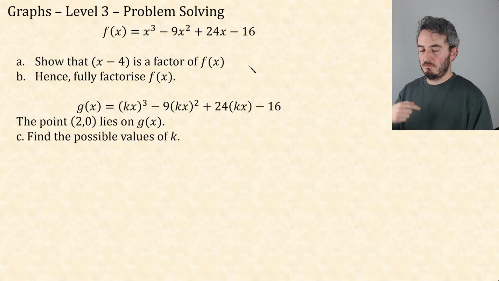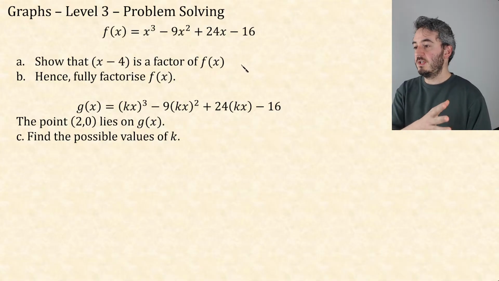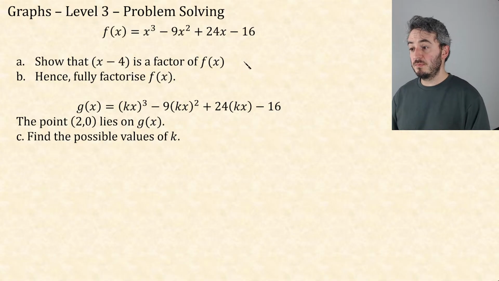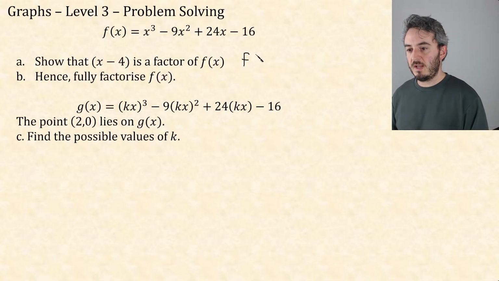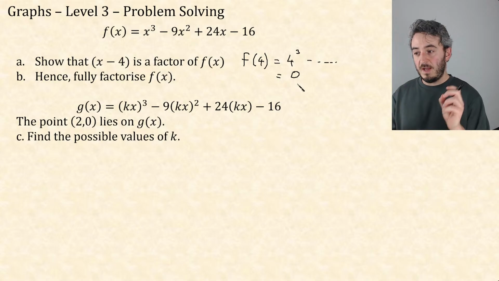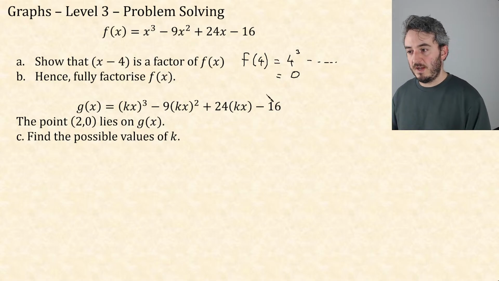I'm not going to skip over part A, but I'm going to explain what you do, which is you work out f of 4, you actually sub it in, you show yourself subbing it in, 4 cubed minus and so on, and you show it is 0. That shows that x minus 4 is a factor. Do write that as a conclusion. You literally get a mark for that. Therefore, x minus 4 is a factor.